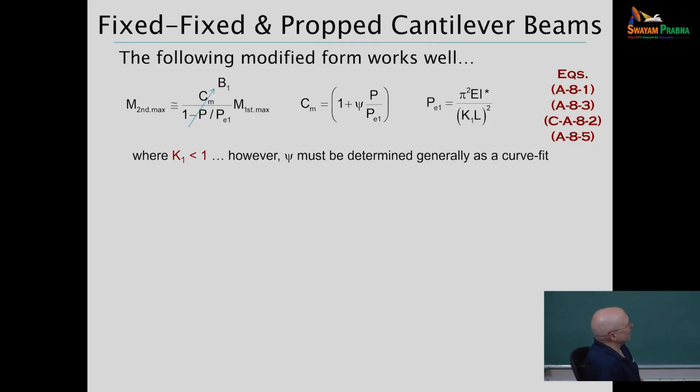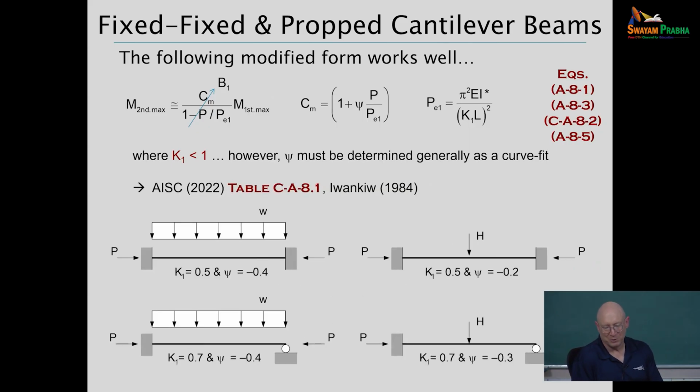For other cases, we can use this same form, but here we essentially have to revert to the rigorous calculation from theory of elastic stability, and then say, what psi value do we need in order to fit the results of the theory of elastic stability solution?